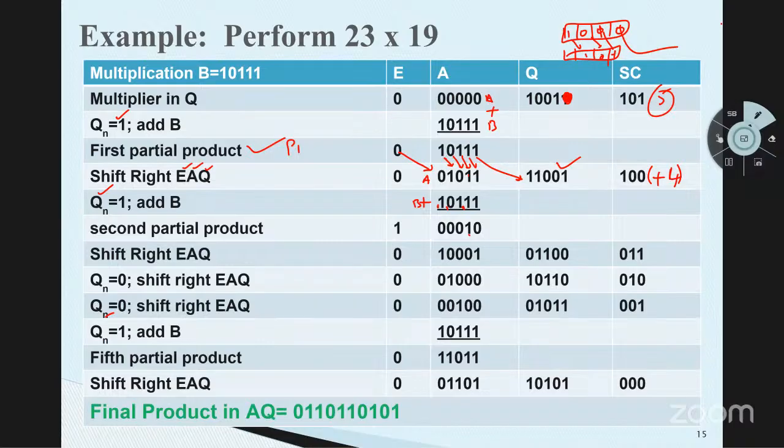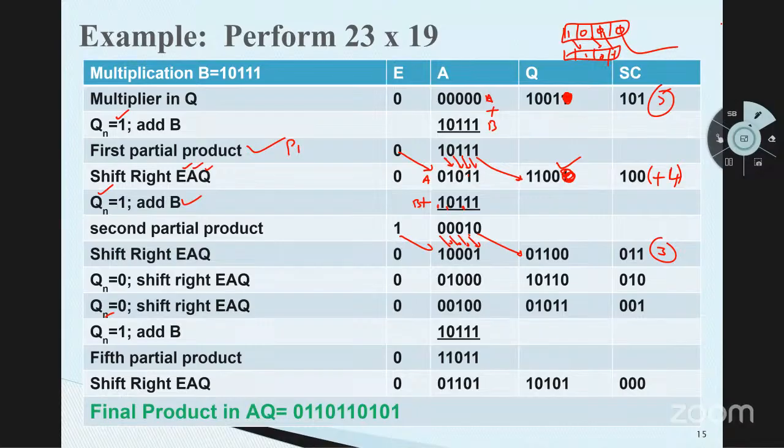Now after performing the addition, you can perform the shift right operation. So this can be removed. In the right shift operation, the 1 goes out. Now the counter is decremented by 1, 4 will become 3.